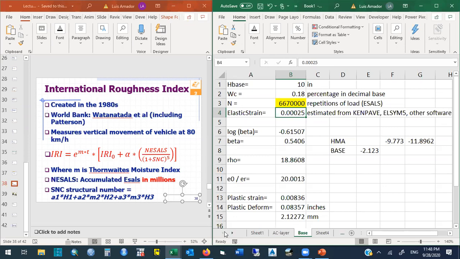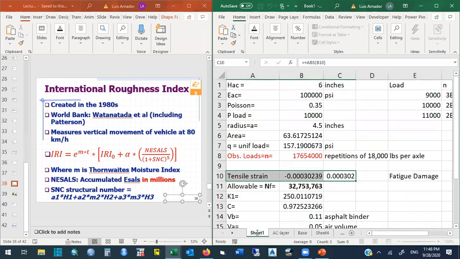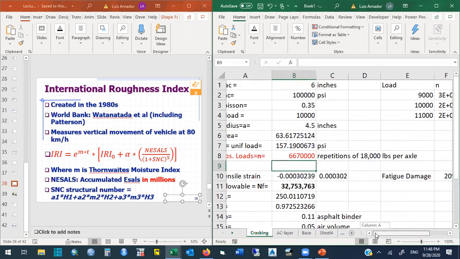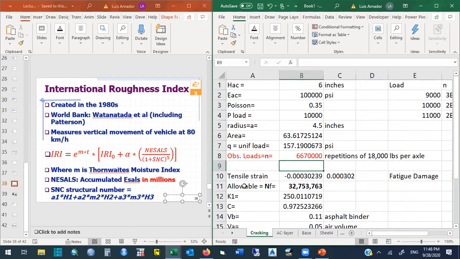And if you go into the other one that was cracking, that much, right? But this is, where am I reading my damage? So this has not reached.